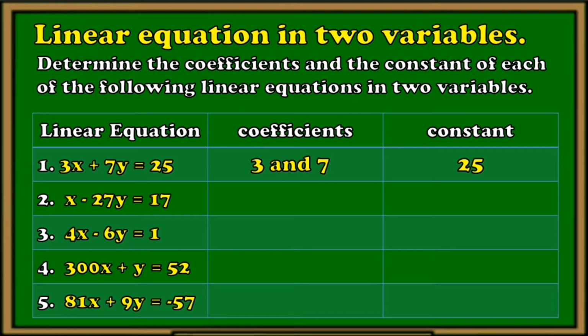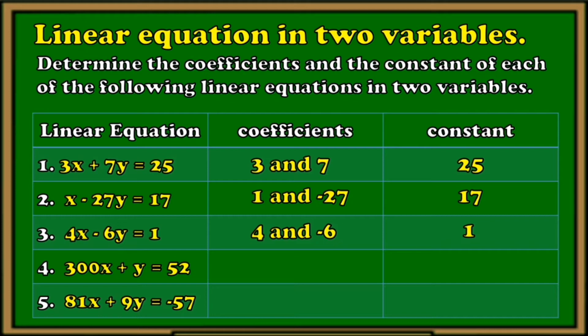For x, the numerical coefficient is 1, and for negative 27y, the coefficient is negative 27, and the constant is 17. Number 3, 4x minus 6y is equal to 1. The numerical coefficients are 4 and negative 6, and the constant is 1.